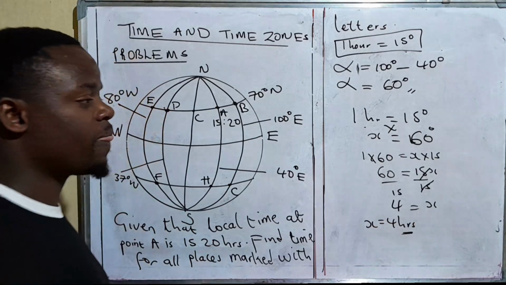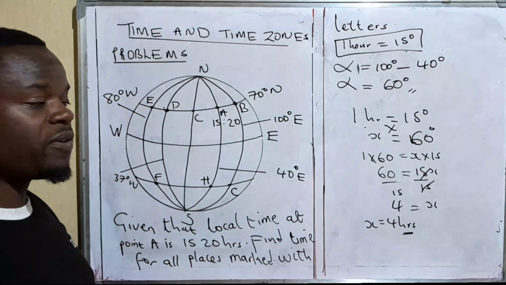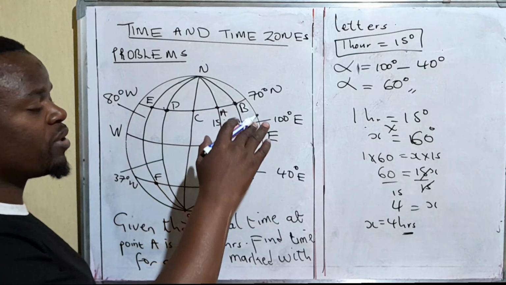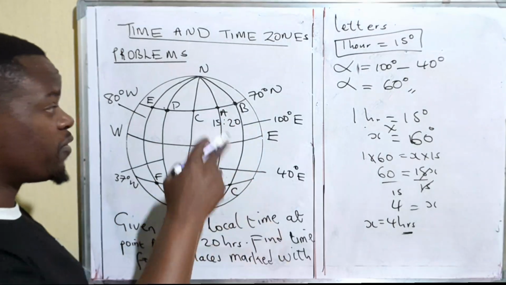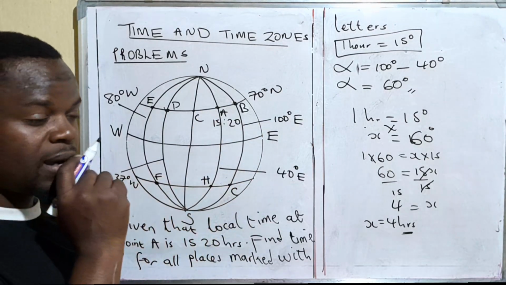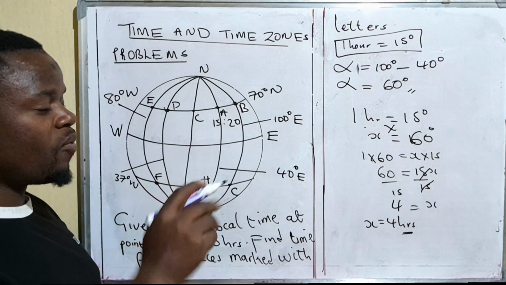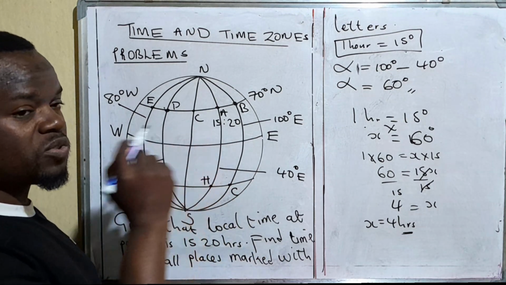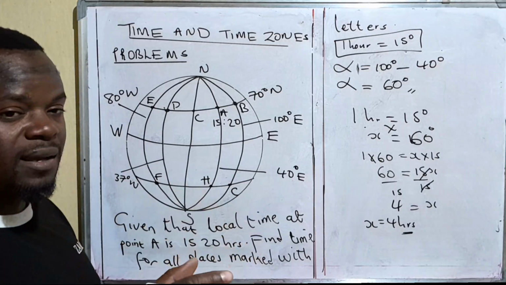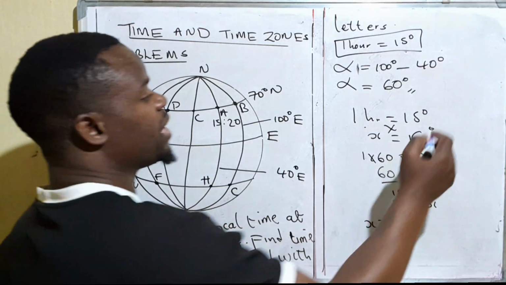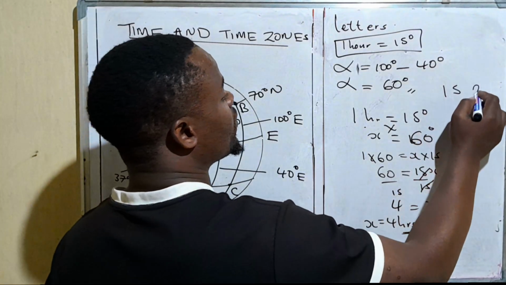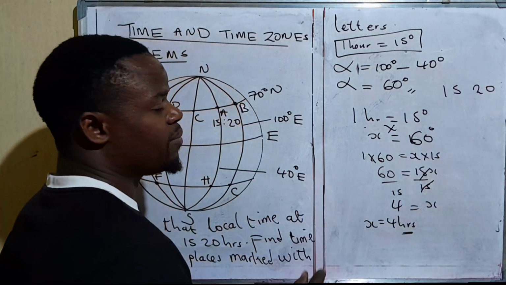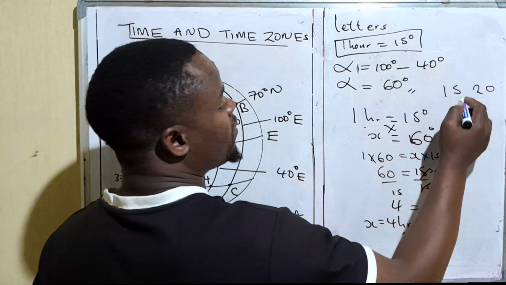So the time difference between point A and point B is 4 hours. From here to there, it's 4 hours. So what could be the time there if here is 1520? Here is where we bring in addition of time. We have 1520 plus 4 hours.